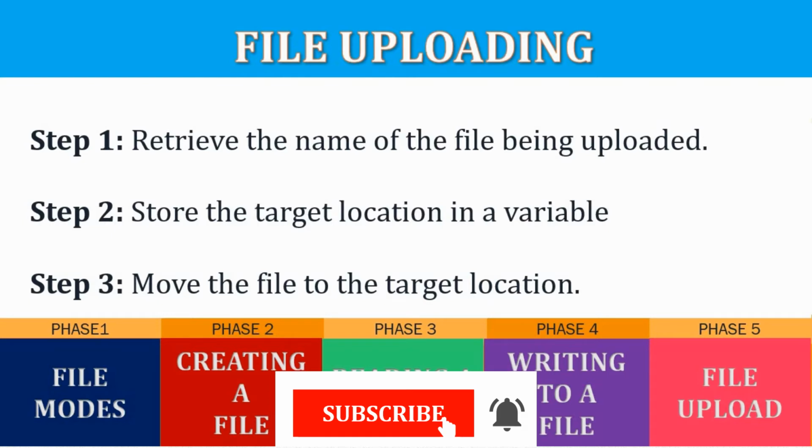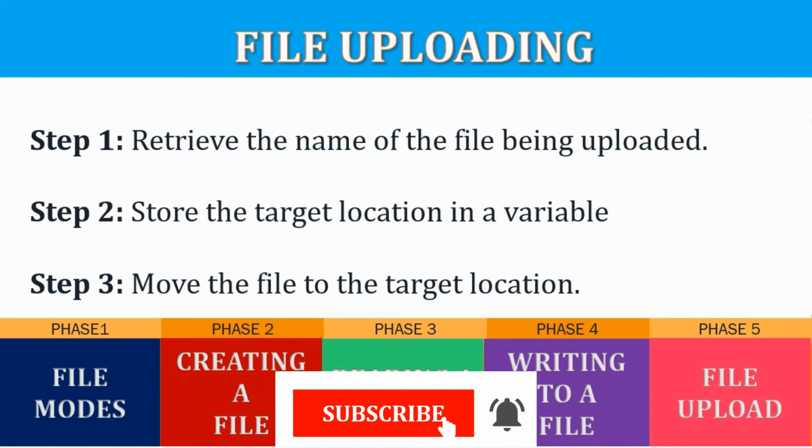After retrieving the name of the file, you have to create a target location for saving the file. That should also be in a variable. Finally, you have to move the uploaded file to the specified target location.